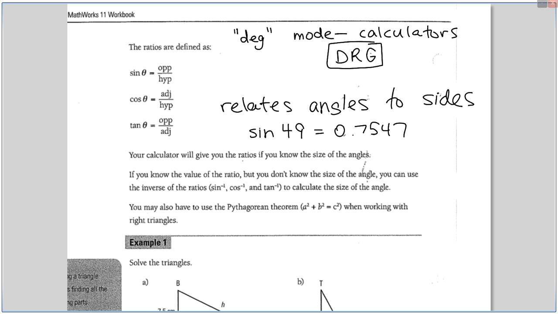I always just go to 4 digits. What is 0.7547? That means no matter what triangle it is, whether it's the size of Jupiter or the size of an ant, if the angle's 49 degrees in a right triangle, the ratio of the opposite side divided by the hypotenuse is always going to be this number.